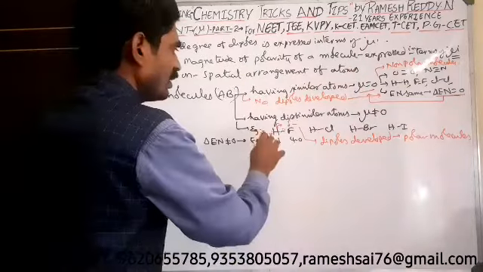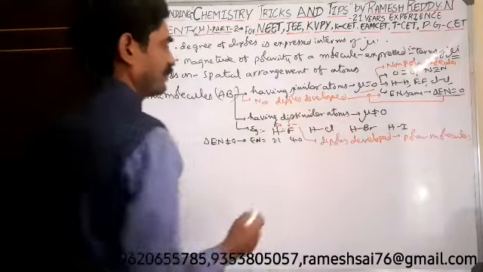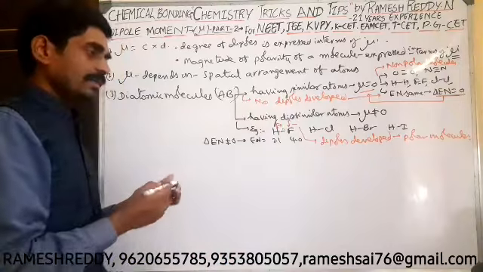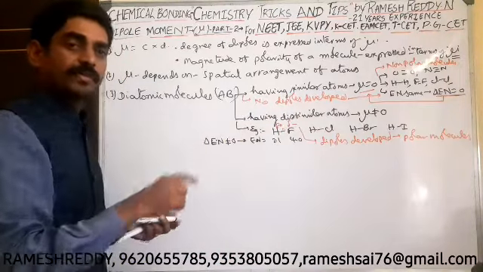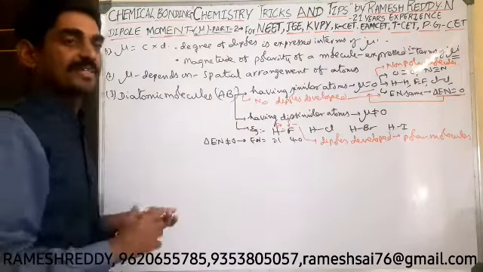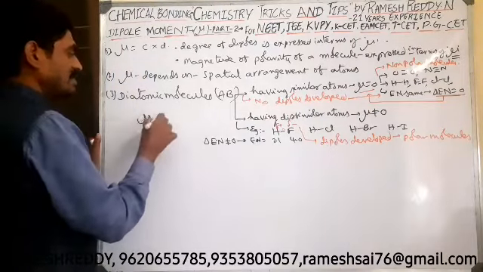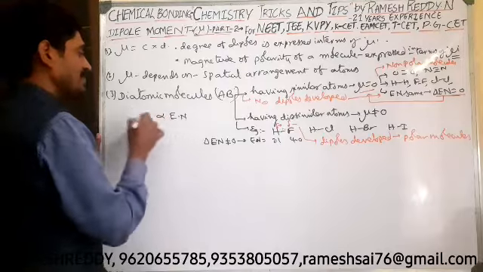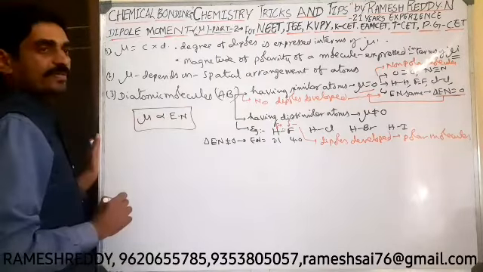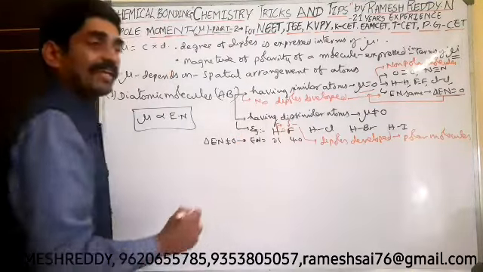HF, HCl, HBr, HI: do all have the same dipole moment? No, it is different. How can you decide? The dipole moment is directly proportional to the electronegativity of the element. Here fluorine is more electronegative.